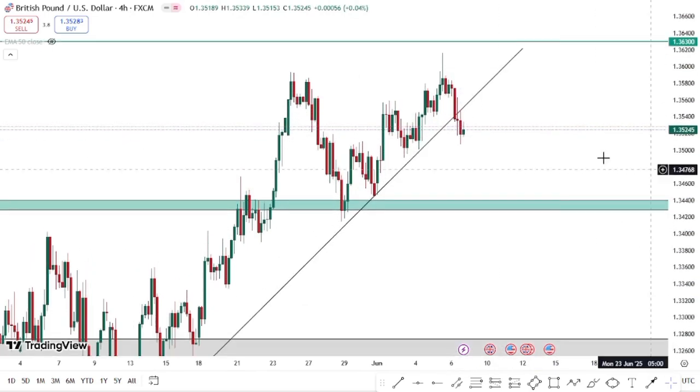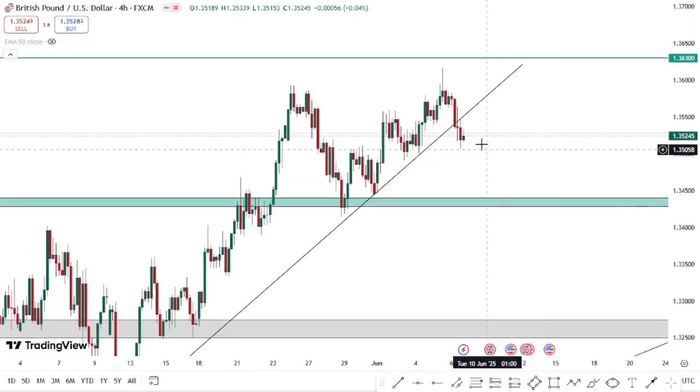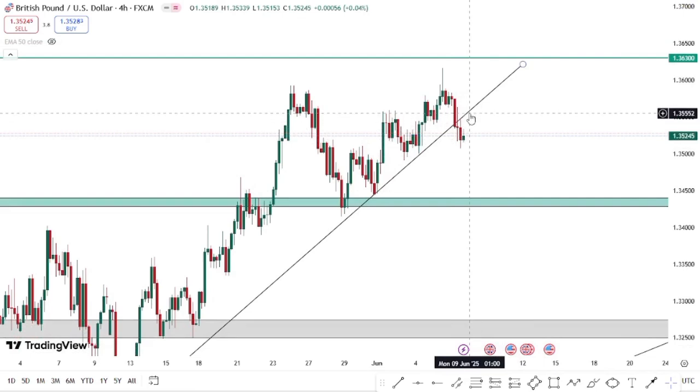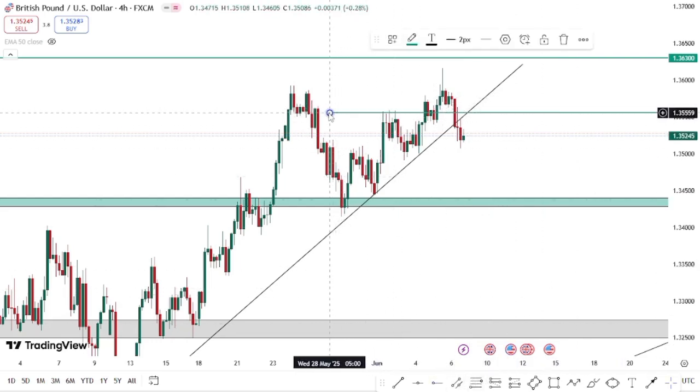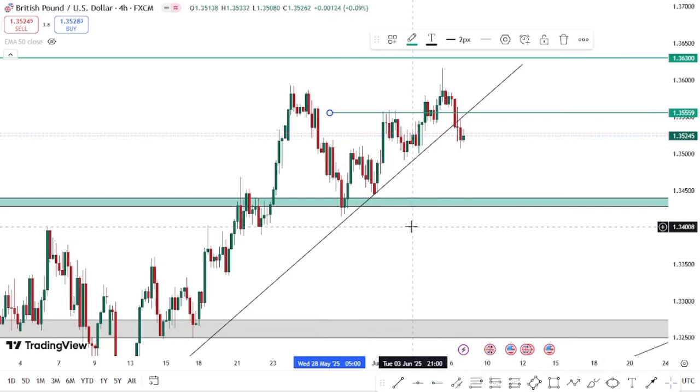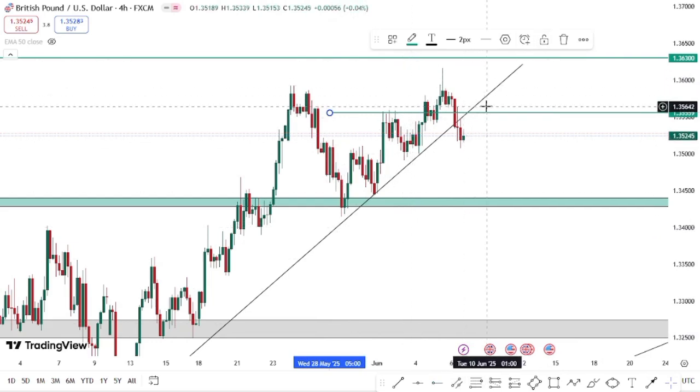So if you are to enter this trade for a sell come next week, we should wait for a kind of pullback into this particular trend line, then start looking for selling opportunities at this particular zone, at least at 1.35559.